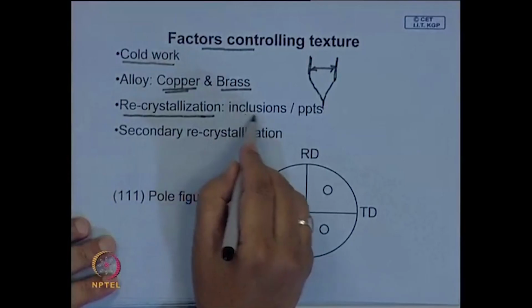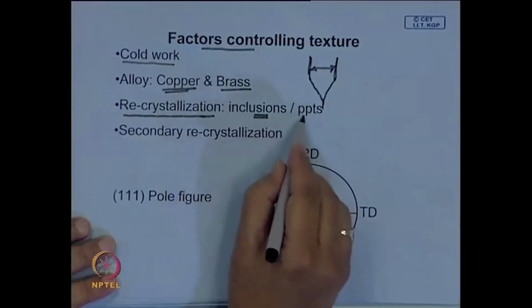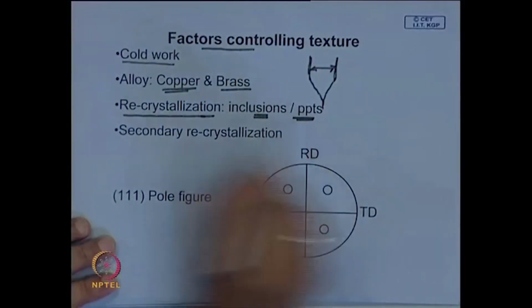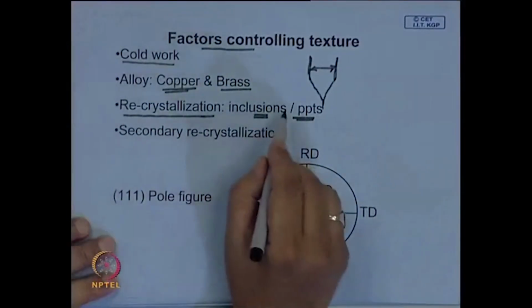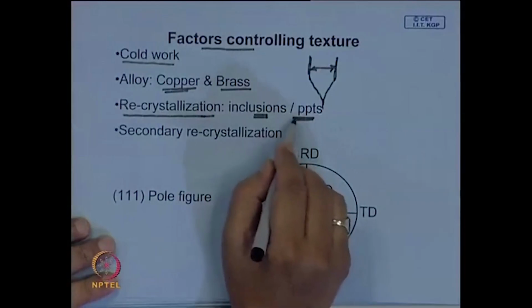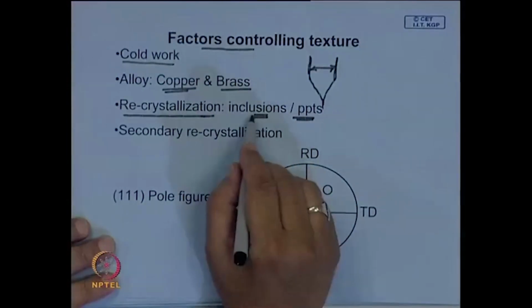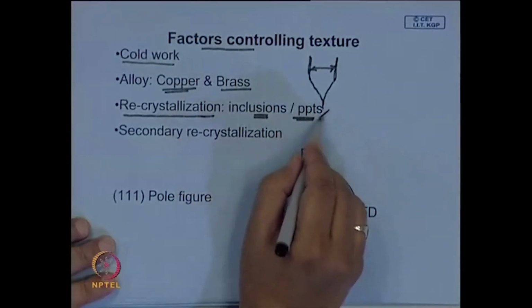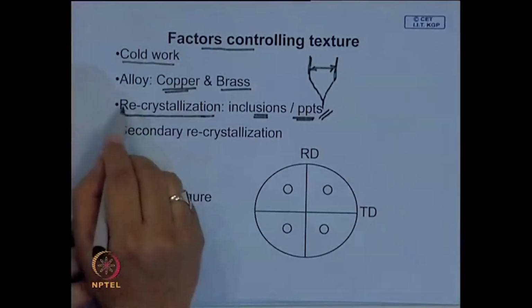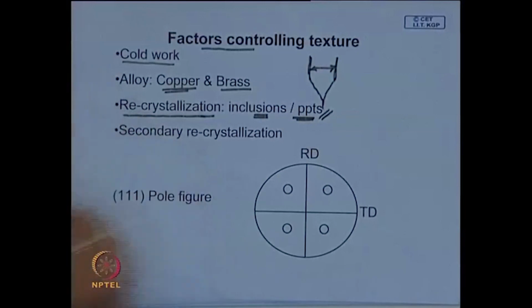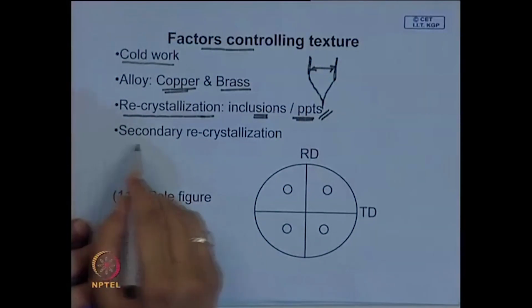Again, if certain inclusions are present, like carbon nitrides in steels, for example aluminum nitride, they develop a certain kind of preferred orientation. The inclusions or precipitates, if present in the material, also control the type of texture that will develop during recrystallization.